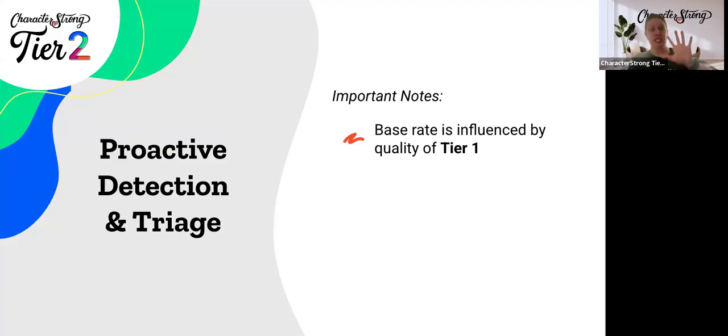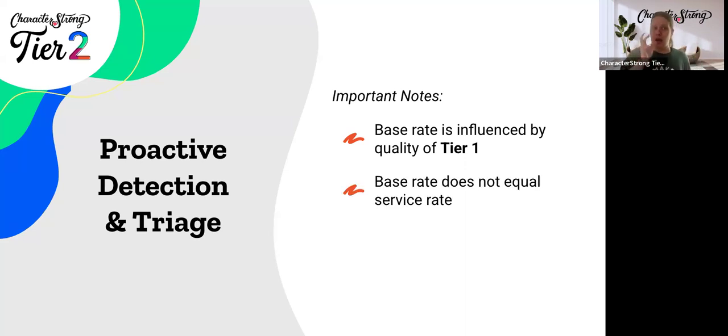So your data is really going to tell you what the quality of your tier one looks like. And we may need to be doing some tier one and tier two work at the same time. I mentioned this: just because students get flagged as being at risk or identified doesn't mean they automatically get tier two. You have to create those decision rules or that criteria to say when students get tier two. It doesn't mean that they got identified as at risk.